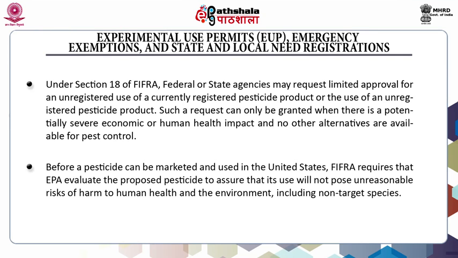Now, before a pesticide can be marketed and used in the United States, FIFRA requires that EPA evaluate the proposed pesticide to ensure that its use will not pose any unreasonable risks of harm to human health and the environment, including non-target species.